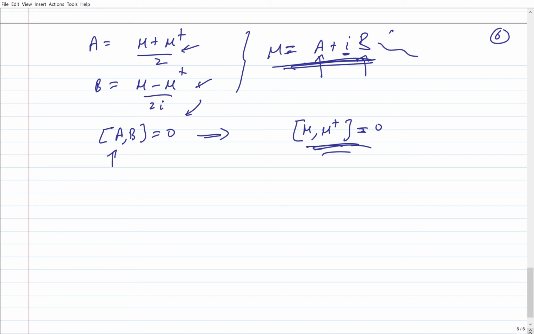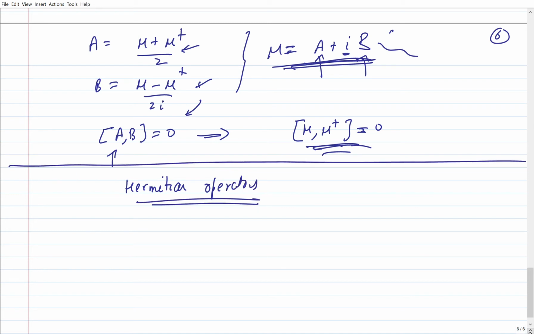So Hermitian operators, the definition is that operators or matrices, well, A has to be equal to A dagger. That's by definition the definition of a Hermitian operator. And they are very important in quantum mechanics. It can be shown that they have got real eigenvalues, something which you can easily prove.